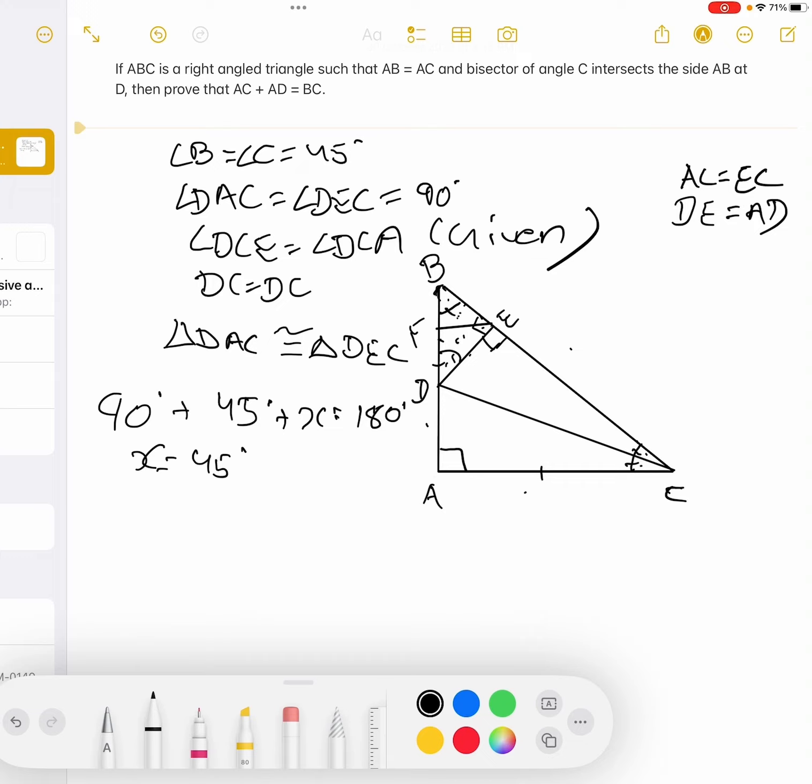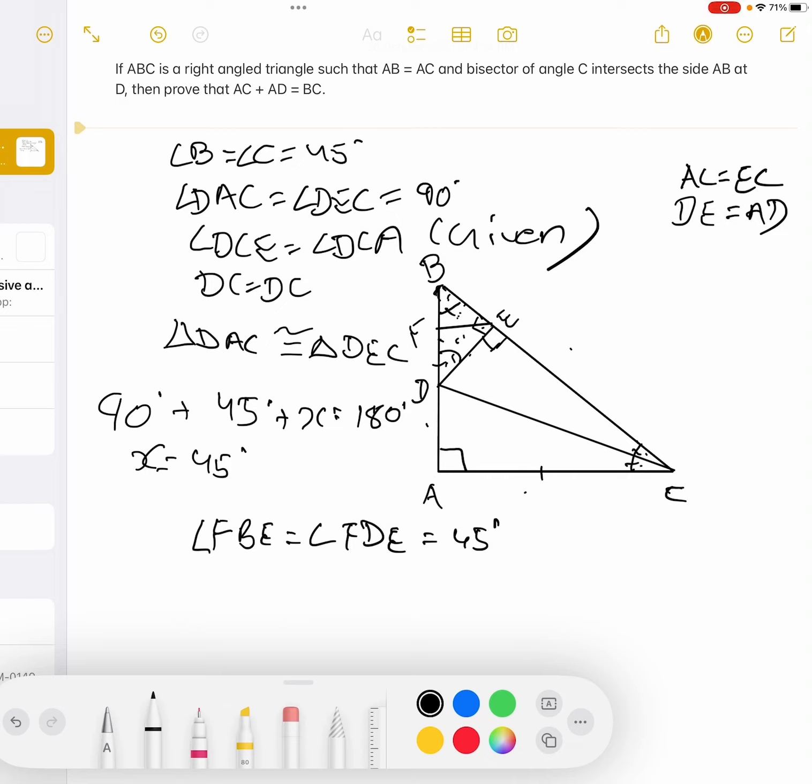Now this is 45 and this is 45. So these two angles are 45 degrees, right? So angle FBE is equal to angle FDE is equal to 45 degrees.